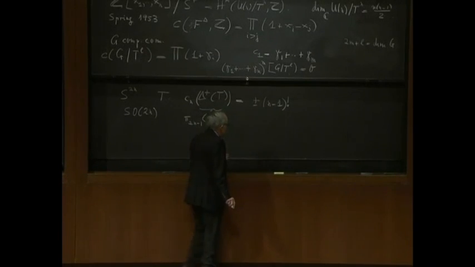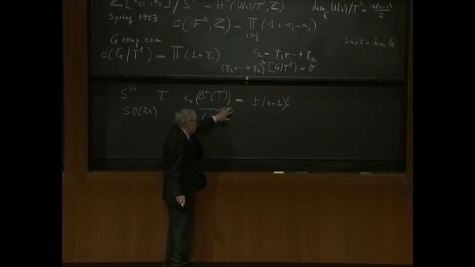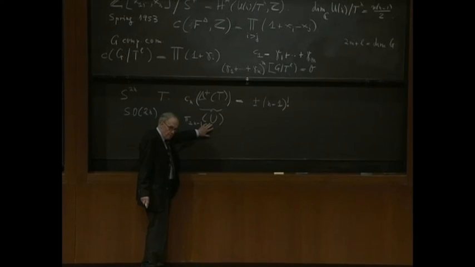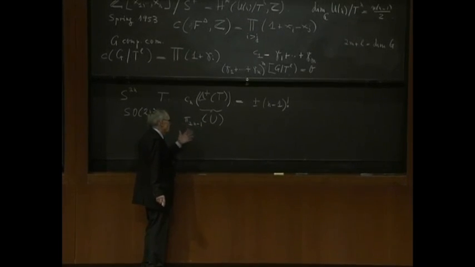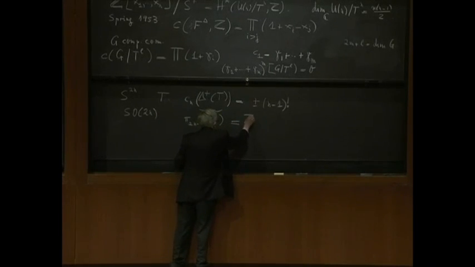So one could expect that perhaps this is the best one. It's always divisible by (n minus 1) factorial, and this generates an infinite cyclic group in pi_{2n-1} of U. One could also perhaps suspect, I don't think we did, that this is isomorphic to Z.